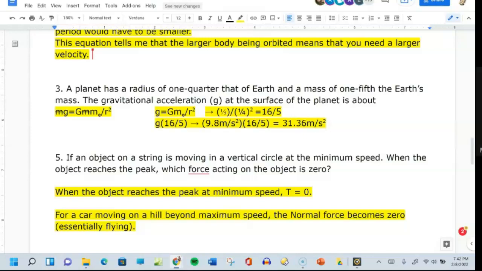So you change the top, change the bottom, but when the r changes, you square that change. So the top changes by 1/5, the bottom by 1/16. Do what your math teacher would tell you: clear the fractions by multiplying top and bottom by 16. So if the right side changes by 16 over 5, then the left side must change by 16 over 5.